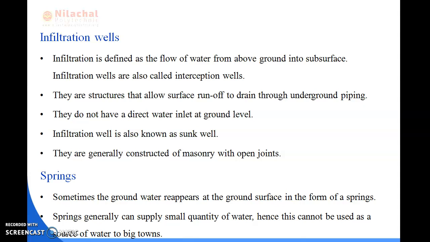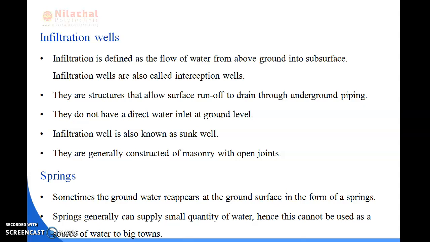Next we will be discussing springs. Sometimes the groundwater reappears at the ground surface in the form of springs, for example when rain occurs. Springs generally supply only a small quantity of water, hence they cannot be used as a source of water for big towns.